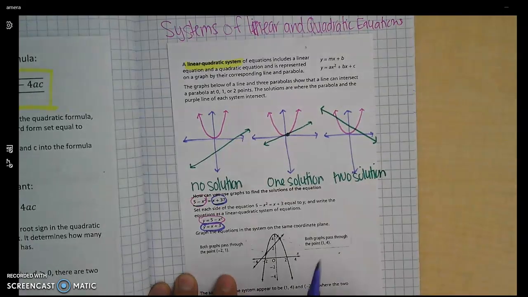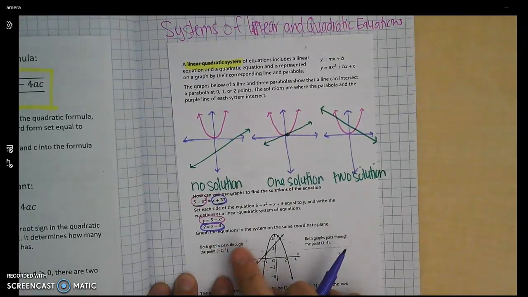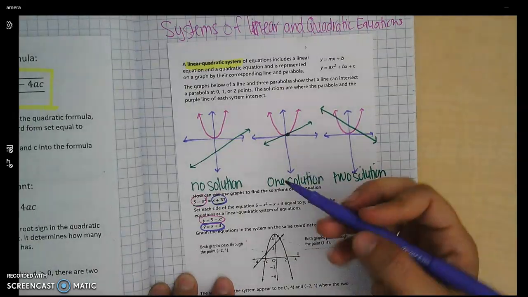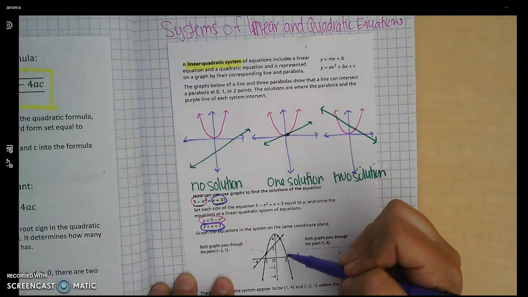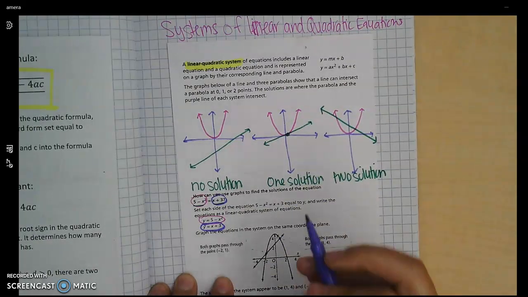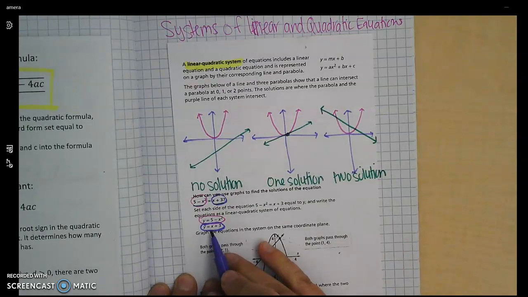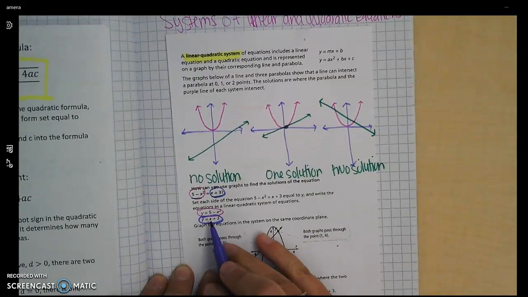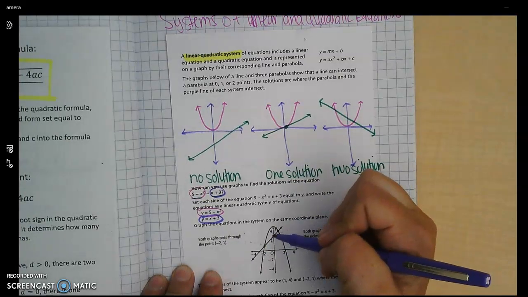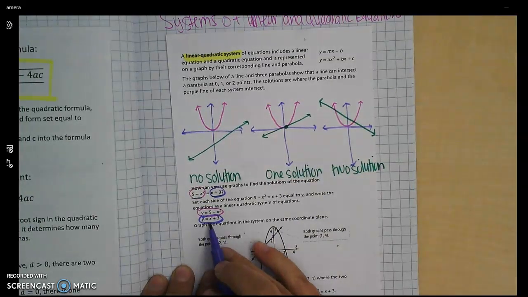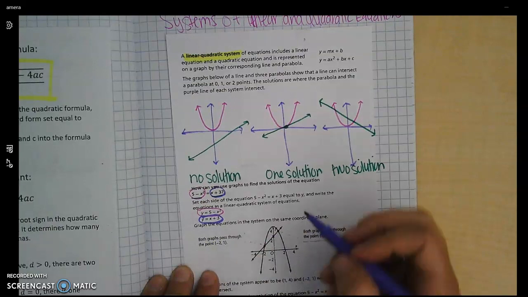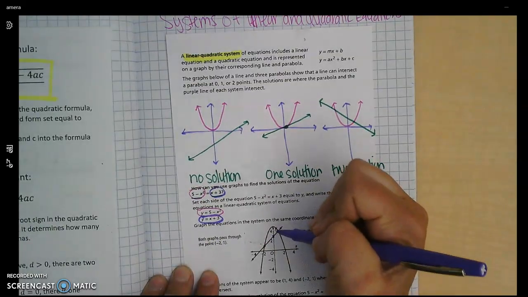Then I'm going to graph the equations on the same coordinate plane. We just learned how to graph a parabola. Just a refresher on how to graph a linear equation: you first plot the y-intercept and then use the slope, which is the coefficient of x, to figure out how far up and how far over you're going.